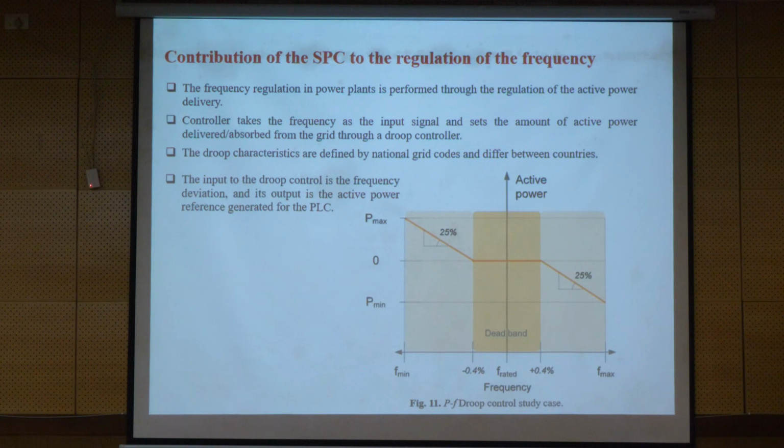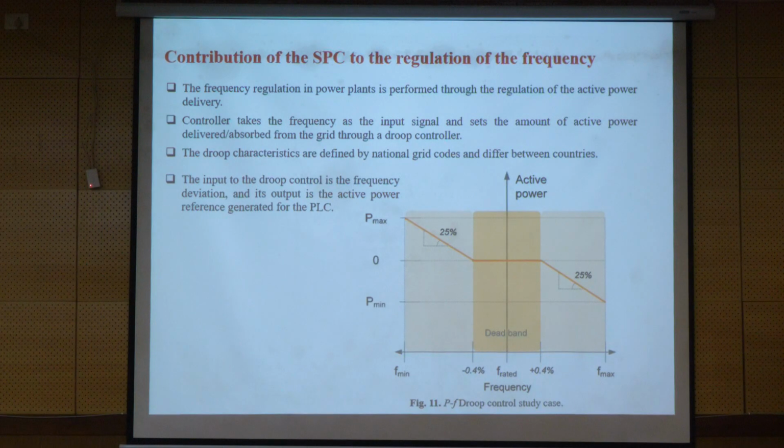So it means that, for example, here 0.4%, if we consider the reference 50 hertz, we can have the fluctuation 0.4% up or down. Okay, so 0.4% means 0.4% times 250.